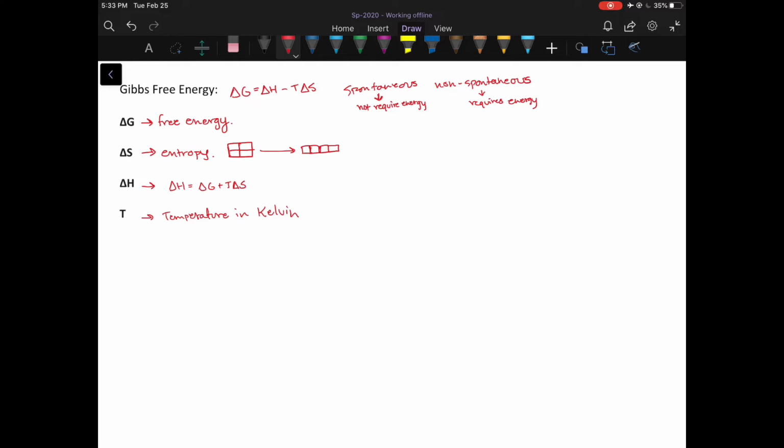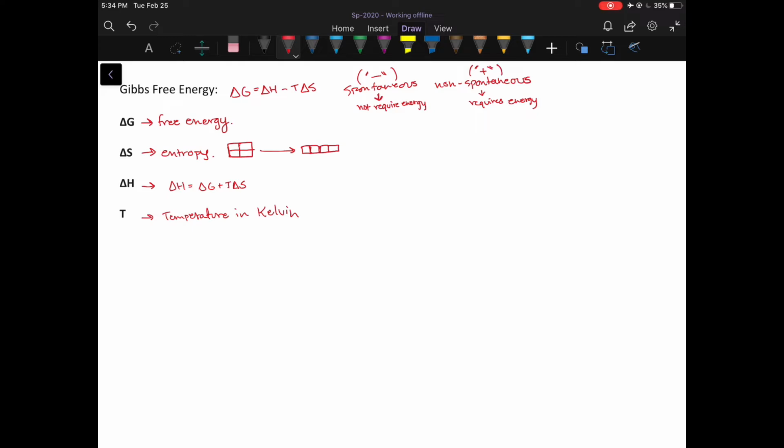So to determine whether something is spontaneous or not spontaneous, we have to look at the sign of delta G. So if delta G is a negative value, then that would mean it is spontaneous. And if delta G is positive, then it is non-spontaneous.